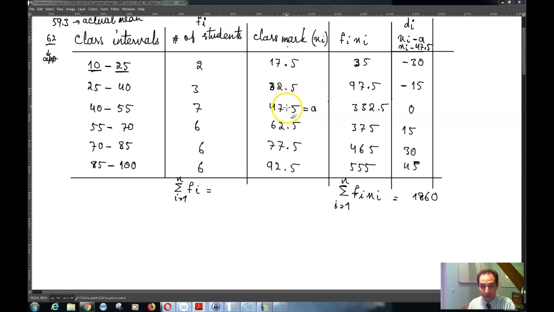So the deviation of this x of i from the assumed mean was negative 30, the deviation of this one was negative 15, and so on and so forth. Now we find the product of d of i with the corresponding f of i, and take the sum of all the f of i times d of i. The calculation is shown here.